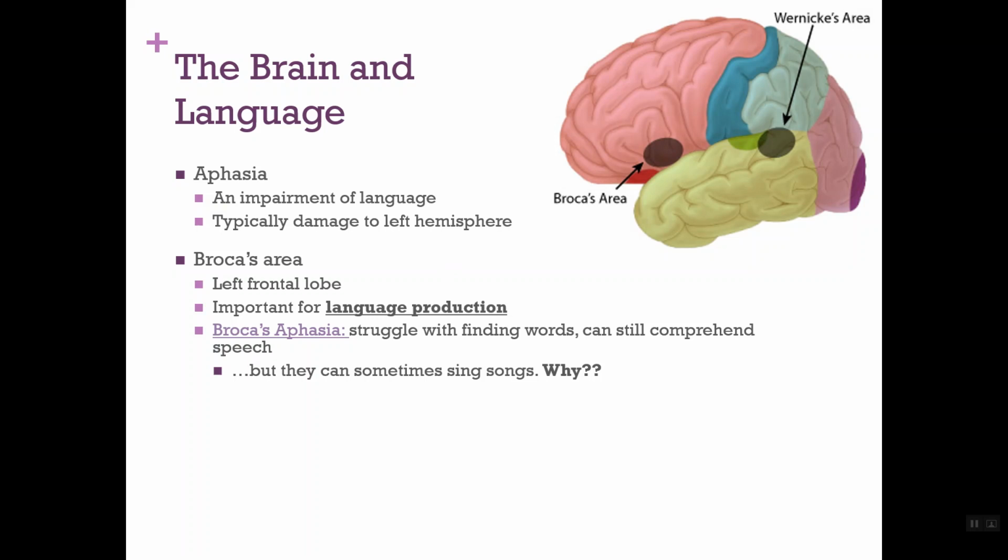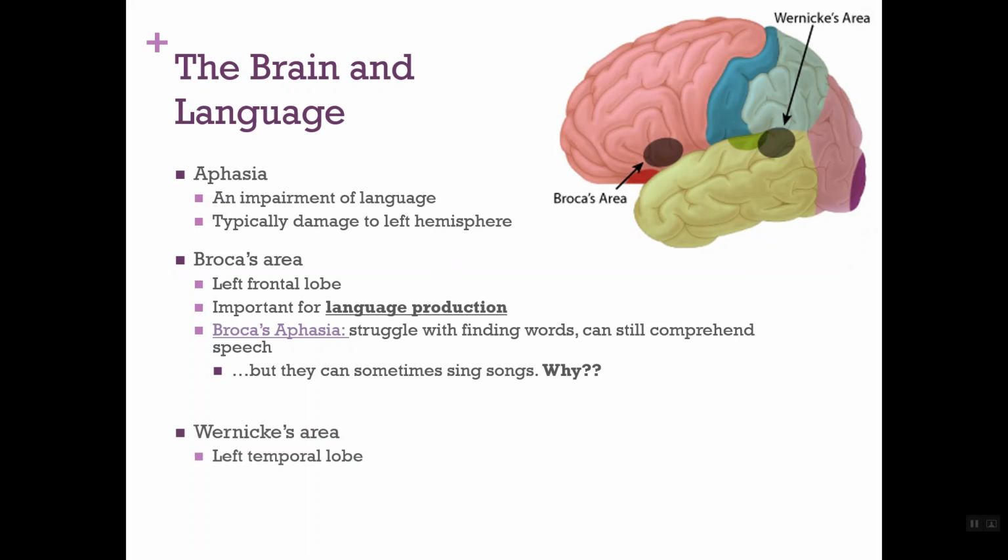The reason behind this, they think, might be that a song seems like a string of sound as opposed to words with meaning. Broca's area is all about being able to produce language, which has meaning attached to it, so you can get the word out. But because singing sounds just like a string of sounds, that might be organized in a different area of your brain, and so you're able to get those words out.